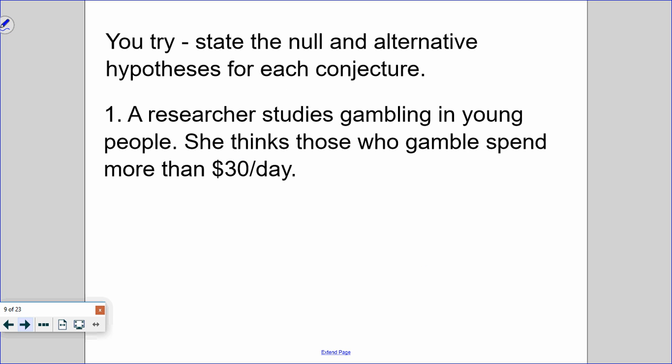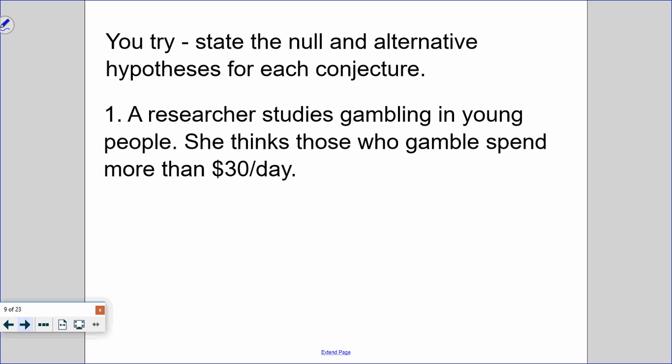Okay, so now you're going to do what we just did. So the alternative hypothesis and the null hypothesis. You're going to state what they are. You could write them on a whiteboard, then it's easier for me to see that.